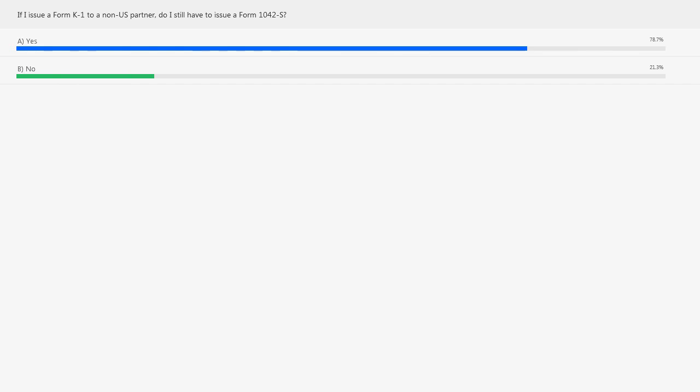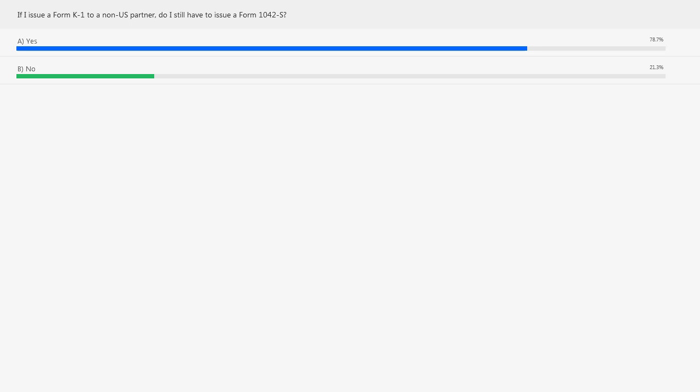So in drafting these questions, I always think they're so clear-cut, and then I actually ask them, and I'm like, actually, there should have probably been a C option that says it depends. So if you are issuing a Form K-1 to a non-U.S. partner and they have either been paid or they have been allocated U.S. source income, so let's say they were allocated U.S. source interest for the year, yes, you also have to issue them a Form 1042-S.